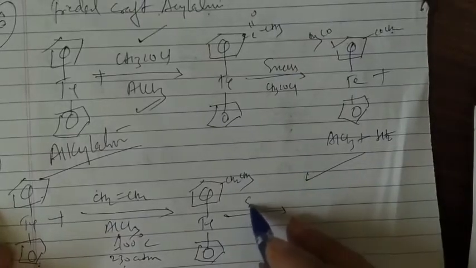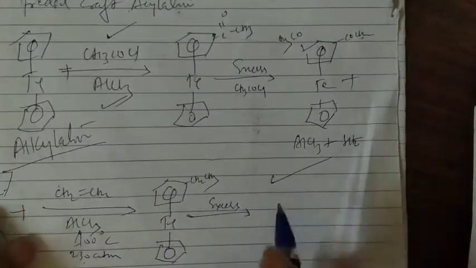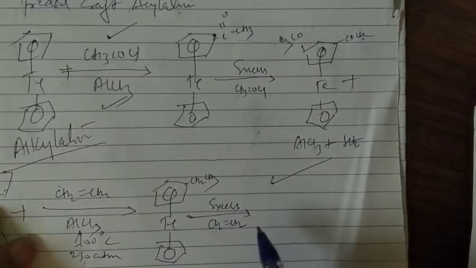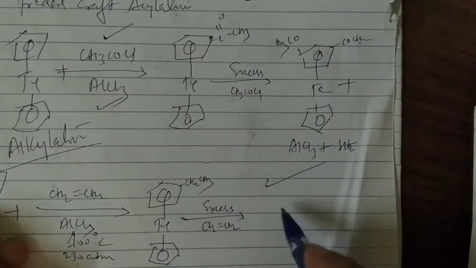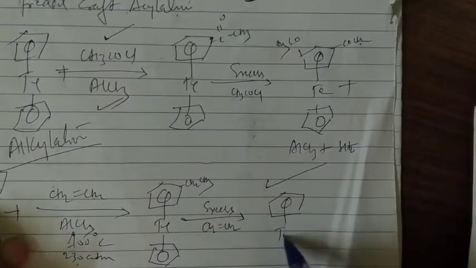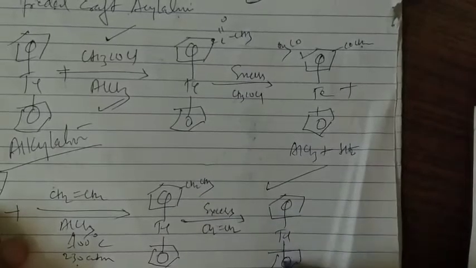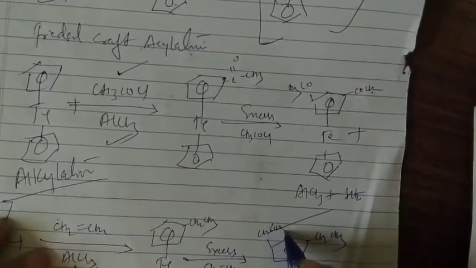Now same thing here, if you take excess of CH2 double bond CH2, the alkene, you are going to end up with this compound like this, with CH2 CH3 on both rings.